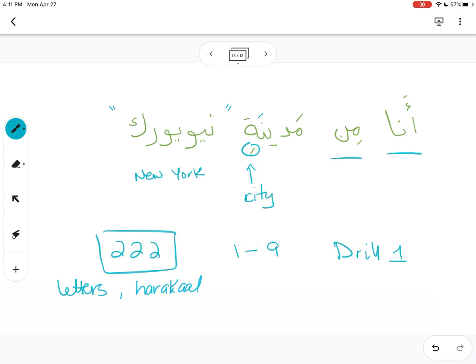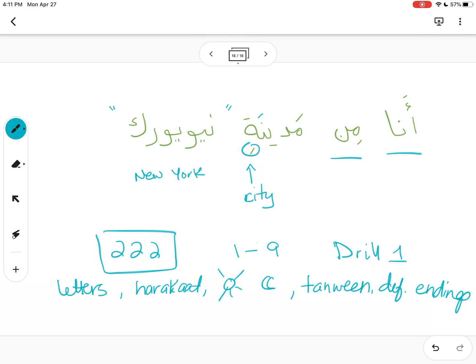You have all of the harakat that we have done. You have the huruf shamsiya wal qamariya, so sun letters and moon letters to help you with connecting words together. And now you also have tanween, and you have definite endings. So all of these things combined, you're going to use to help you practice reading those sentences.